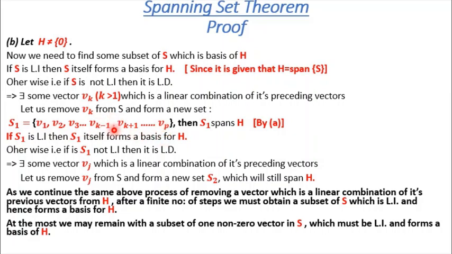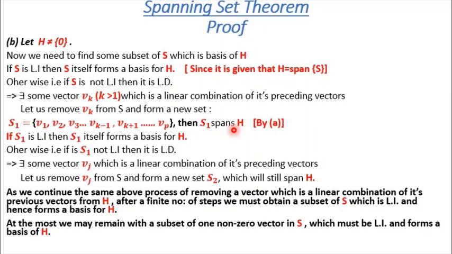Then we claim that S1 still spans H. In part A we proved that if from a spanning set you remove a vector which is a linear combination of other vectors, the set with the remaining vectors must still span H. So we removed Vk, and the remaining set S1 must span H.